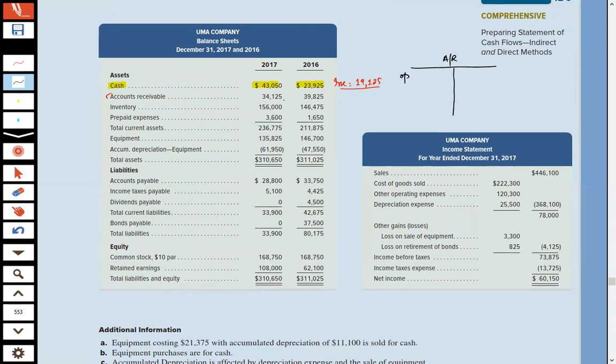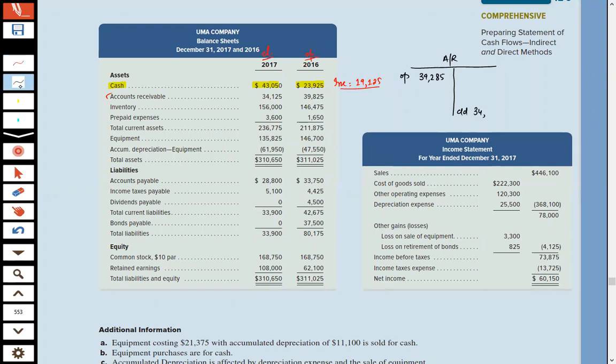Opening 2016, 39,825, and closing 34,125. Make sure you are putting the correct amount in the opening and closing area, because sometimes the opening is given in one column and the closing in another. So be sure which column pertains to the opening or closing. It may be very helpful if you write at the beginning which column pertains to which. This would be very helpful.